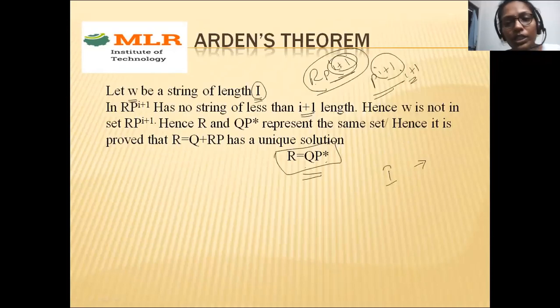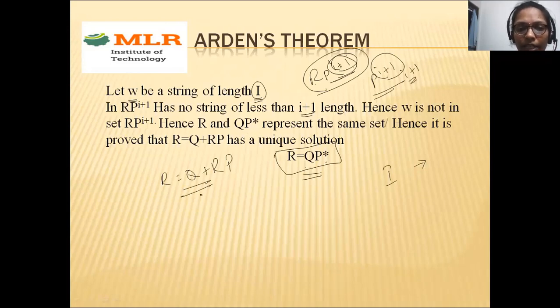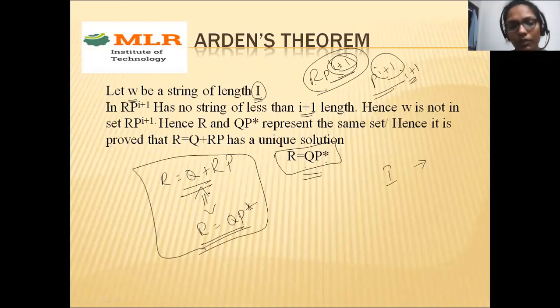So this is the unique solution, the only solution, for the given expression Q plus RP. In your problems also, if the expression is in this form, you can substitute the solution for R as QP star. This is the unique solution for the given expression. So this is about Arden's theorem. Thank you.